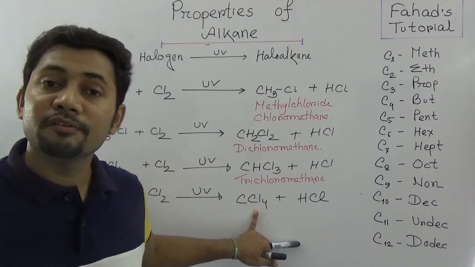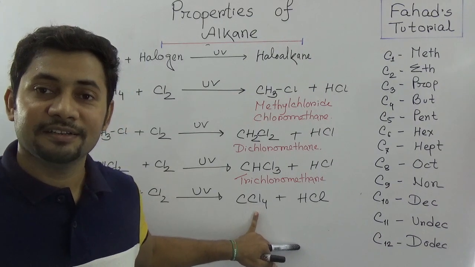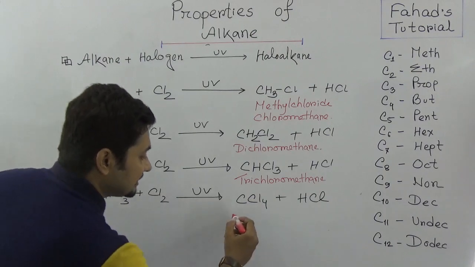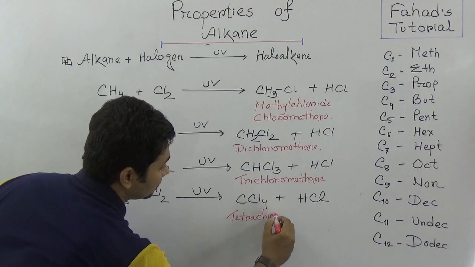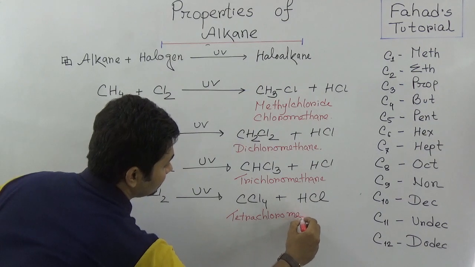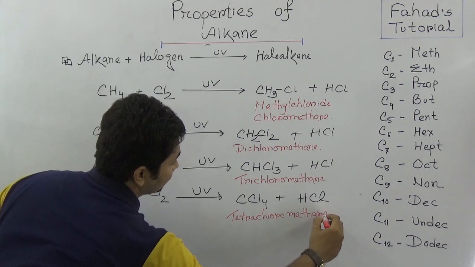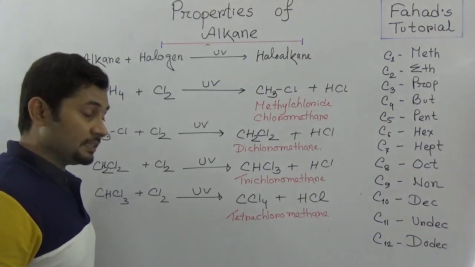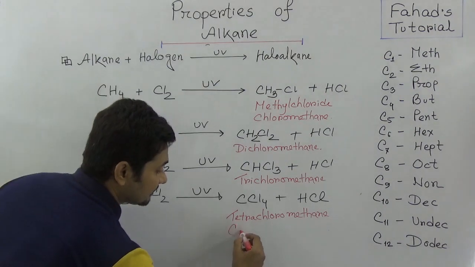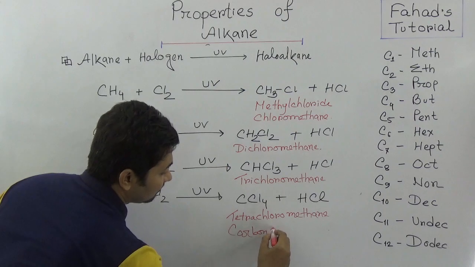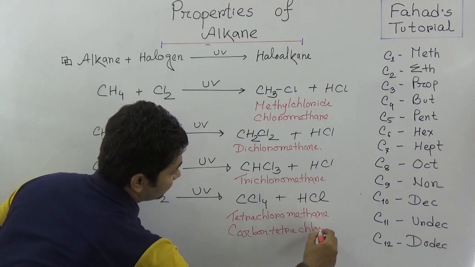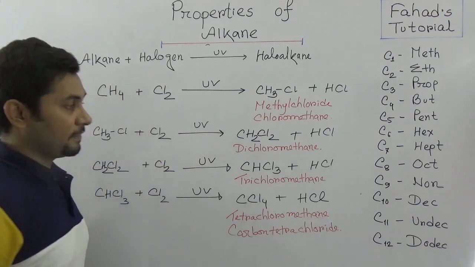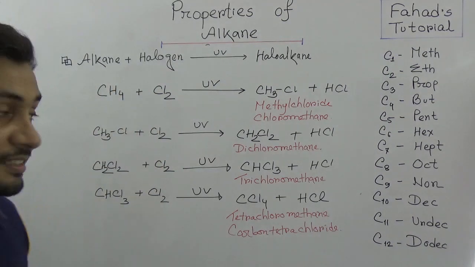Why? Because the number of chlorine is 4 here. So we can say this is tetrachloromethane, or you can write carbon tetrachloride. So that is very important.